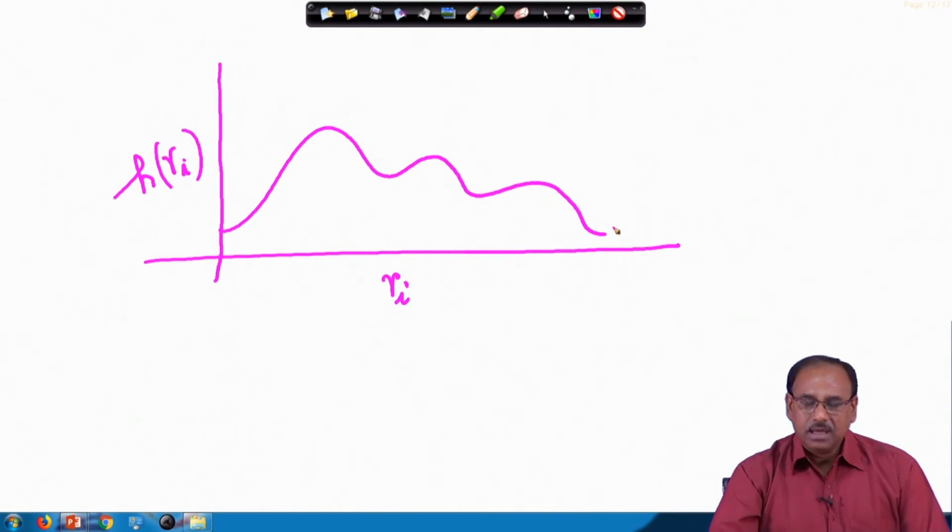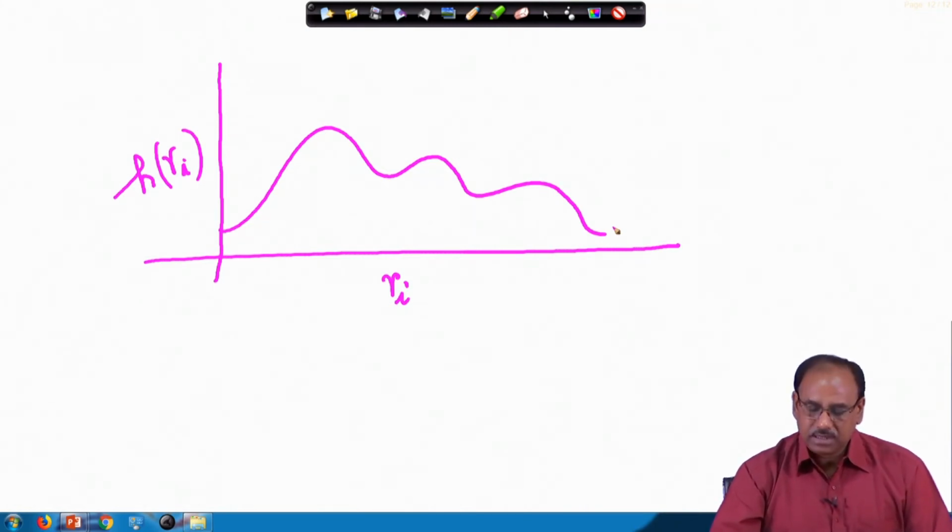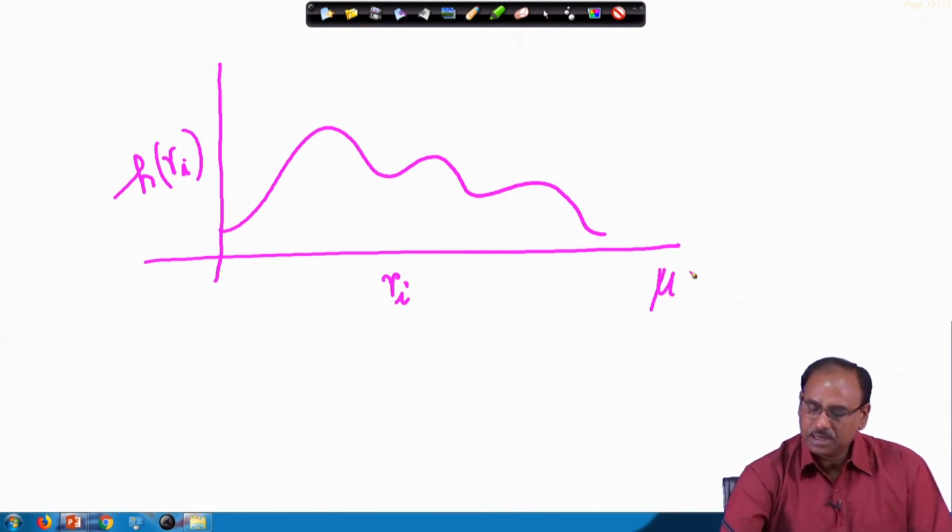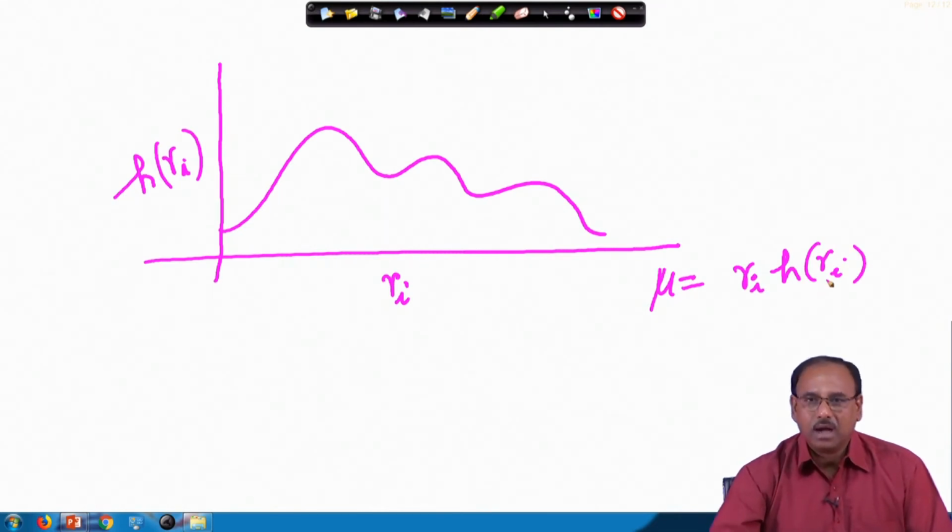In that case, this shape information can also be captured through different statistical moments that we have discussed earlier. To capture these statistical moments, firstly I have to compute mu, the mean of the intensity values, which is nothing but the sum over all i of R_I times H(R_I), where H(R_I) is the frequency of occurrence of the intensity value R_I.